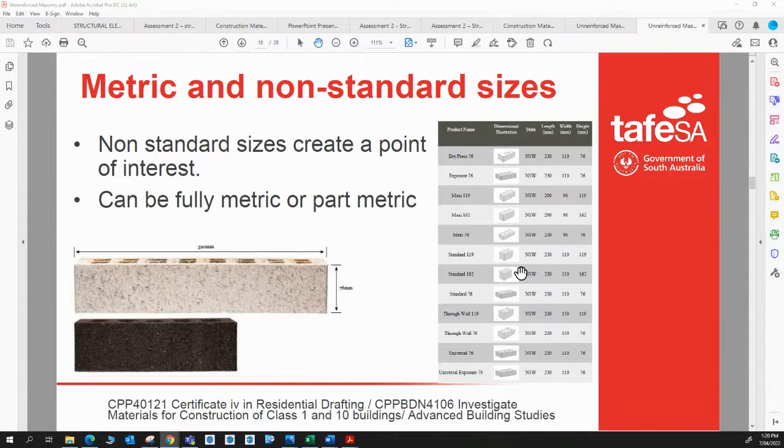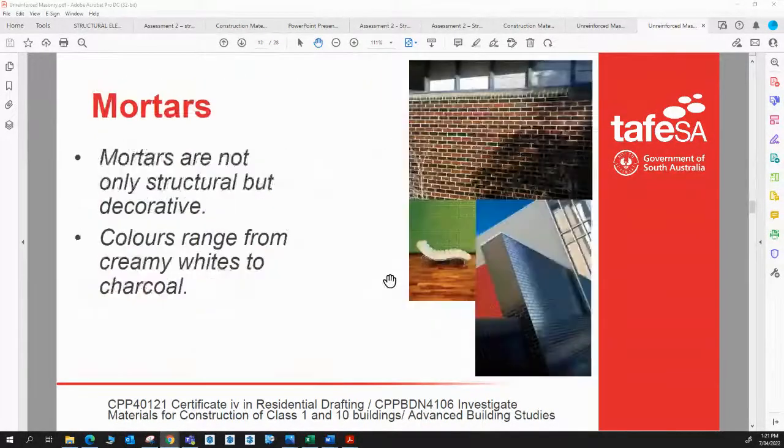We've got 230 by 110, 230 by 150, etc. So as soon as we start stepping outside of the standard 76, 110, 230 brick, we do hit a range of dimensions, and that's what I was saying before, that if you're starting to work in that space of using feature brickwork or brickwork that's outside of standard dimensions, it requires a little bit more first principles work, or working through it yourself, rather than just going straight to the standard brick dimension chart.